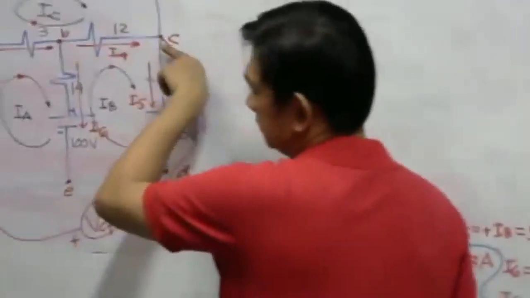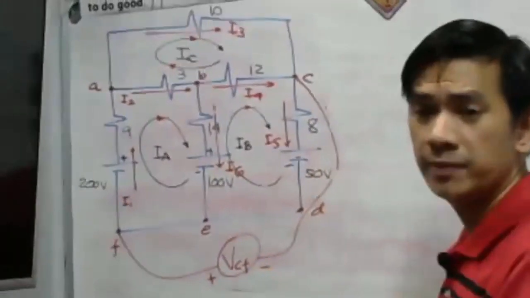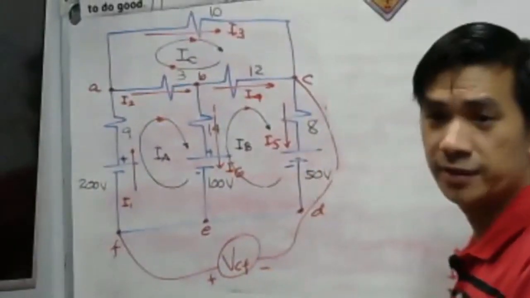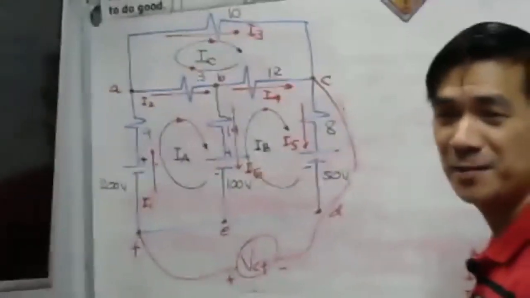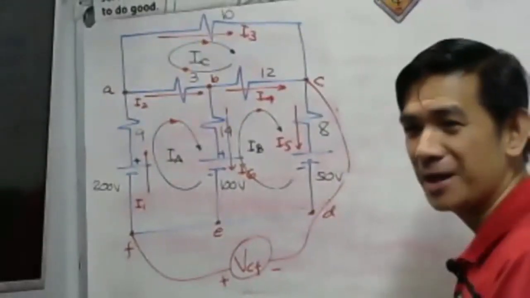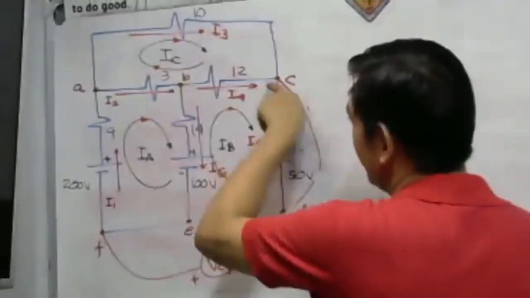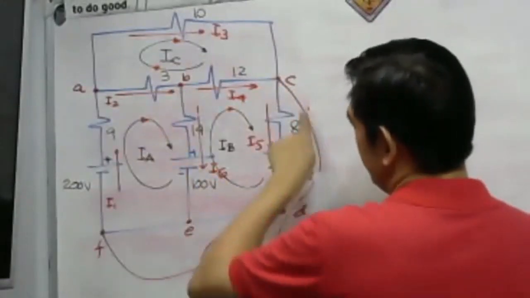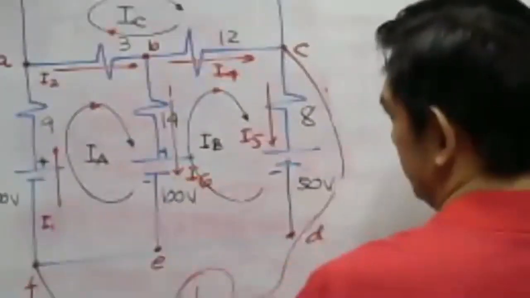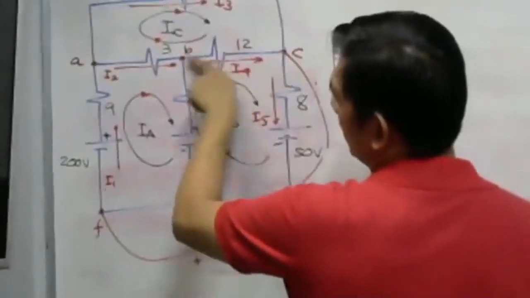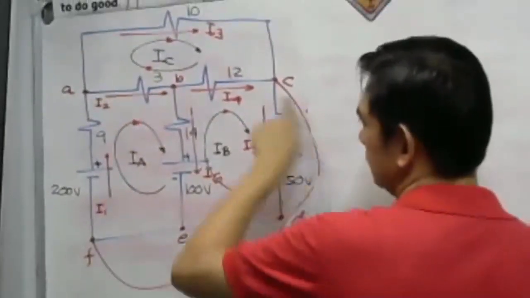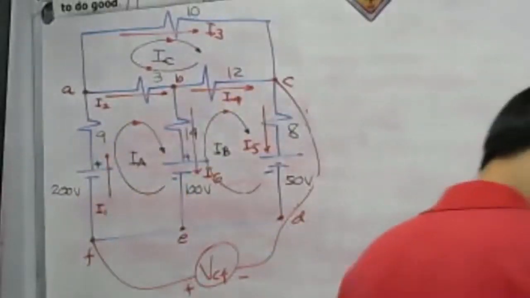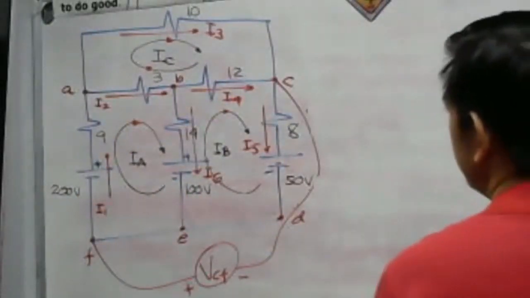I will trace the circuit here. I will make it hard for all of us. Papahirapan natin, ha, mga kawerpa. This complete loop. Itong kompletong loop na ito. We will consider this loop.